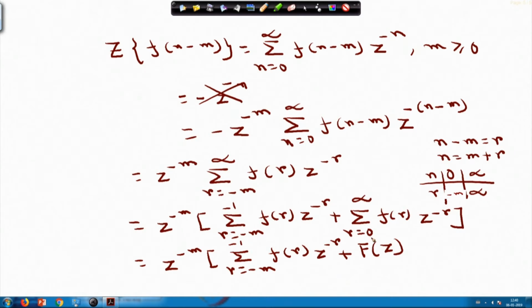So, this completes the proof of the first part: the Z transform of f of n minus m equals z to the power minus m into summation r equals minus m to minus 1 f of r z to the power minus r plus capital F of z.